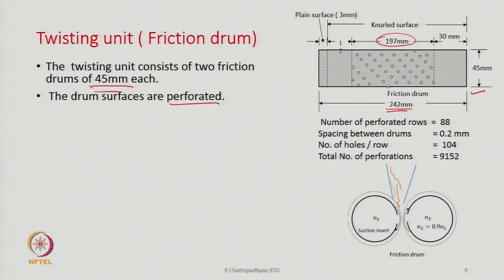The drum surface is perforated, because as they rotate and reach the nip zone where the slit is there in the inserts, the air is drawn through those slits, and therefore the air will be able to pass through the perforations of the friction drum. Therefore, the entire surface has perforations.